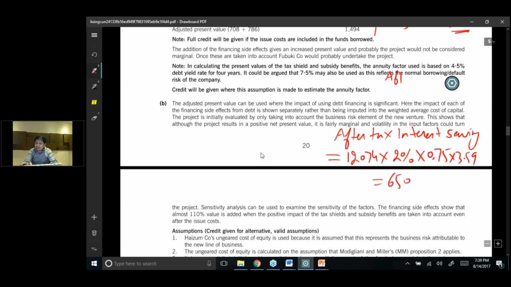That is the after tax interest saving of subsidized debt.